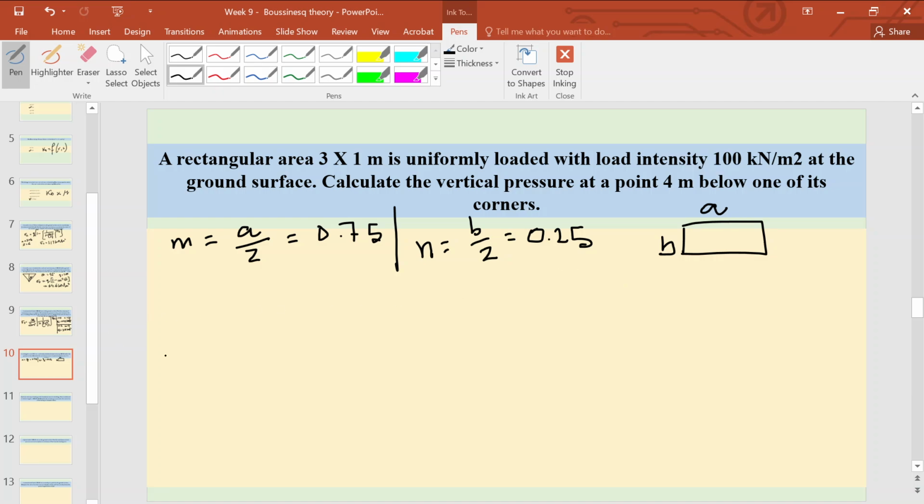Now the value of sigma c, which I have used over here, will be equal to the big formula where the UDL is there, divided by 4 pi.